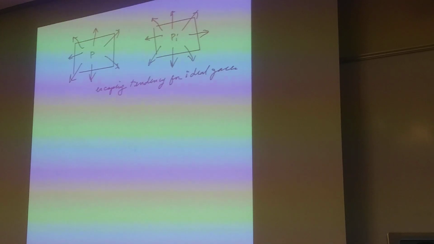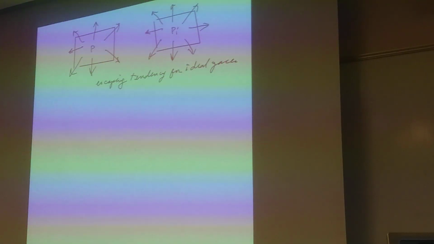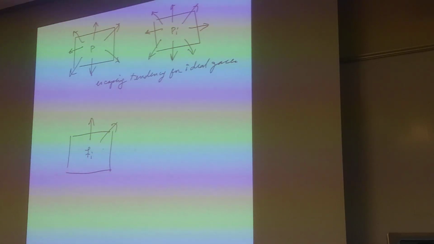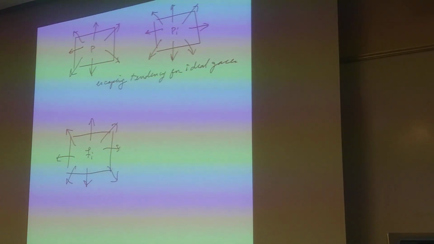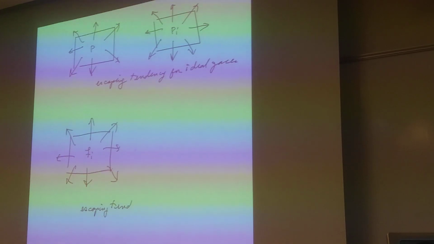So the idea is here, if I wrote the same thing down here for real gases, and I could write the fugacity here, and I'm assuming it's gas i, that represents the escaping tendency for this pure component i, corrected for non-ideality.